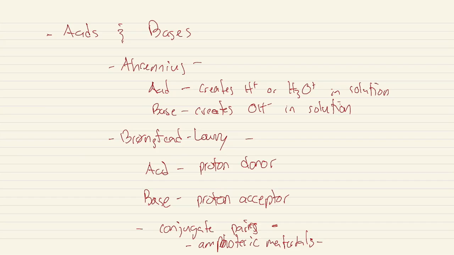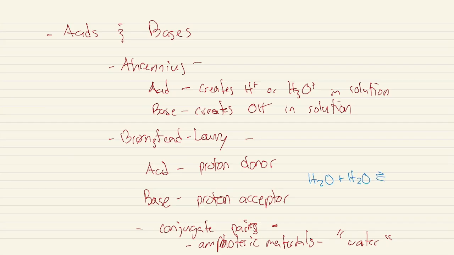Do you remember an example of an amphoteric substance? Water, right? So water is an amphoteric substance, because sometimes it can donate a proton to become OH minus, and that would be its conjugate base, or it can accept a proton to become H3O plus, and that becomes its conjugate acid, right?